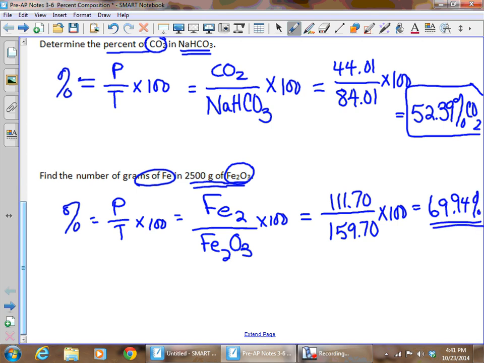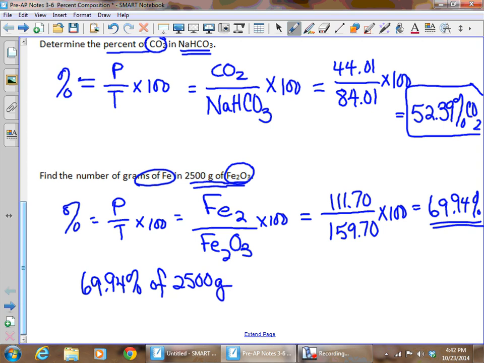Now it's tempting to box that because we got an answer, but that's not the answer it wants. It wants the grams of Fe in 2,500 grams of Fe2O3. Well, now we know that 69.94% of that 2,500 grams is iron. So we're back to just a basic percentage problem. We need to know 69.94% of 2,500 grams.